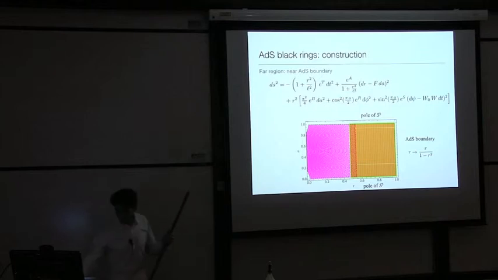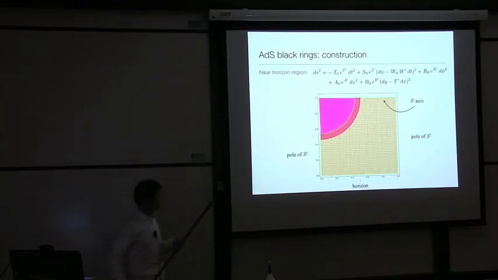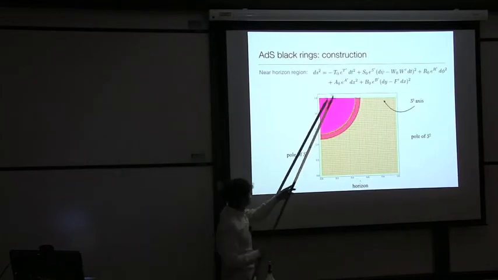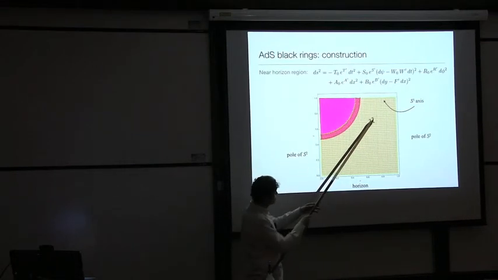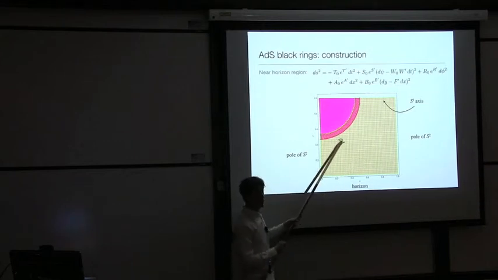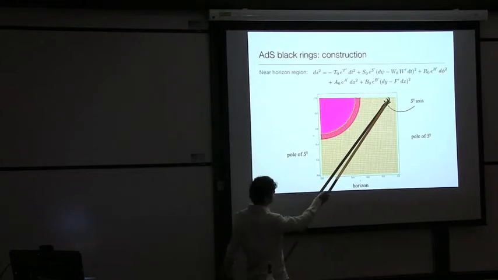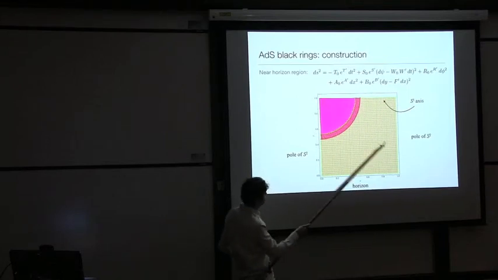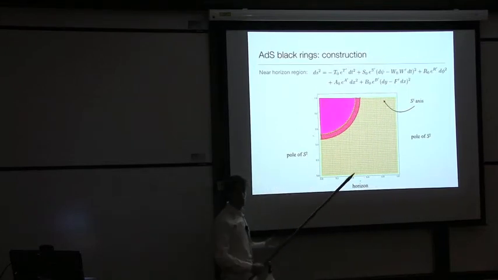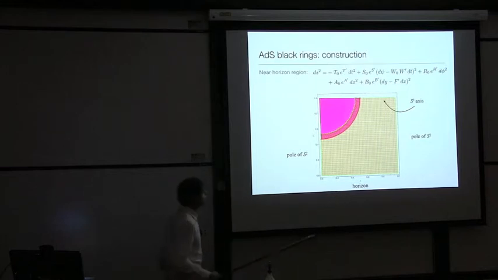So in the near region patch, basically, the domain looks like this. Again, in here the metric has different functions. Our domain is this funny shaped region. Again, the boundaries are the poles, the axis of rotation, the poles of the S2, and the horizon. And here we impose just standard boundary conditions.